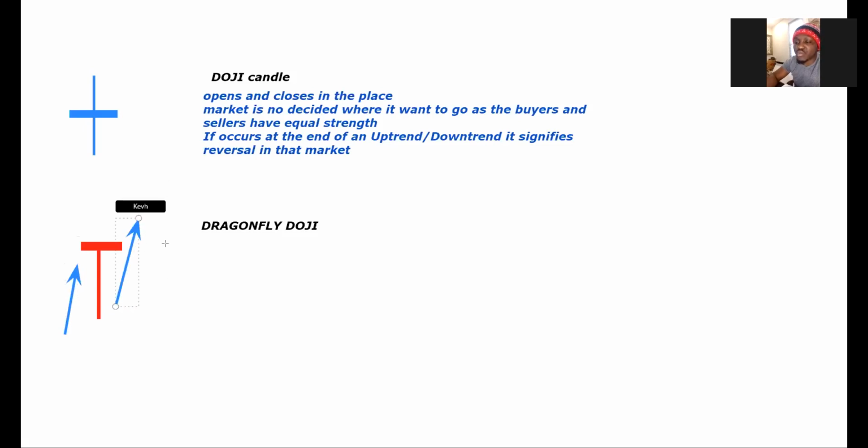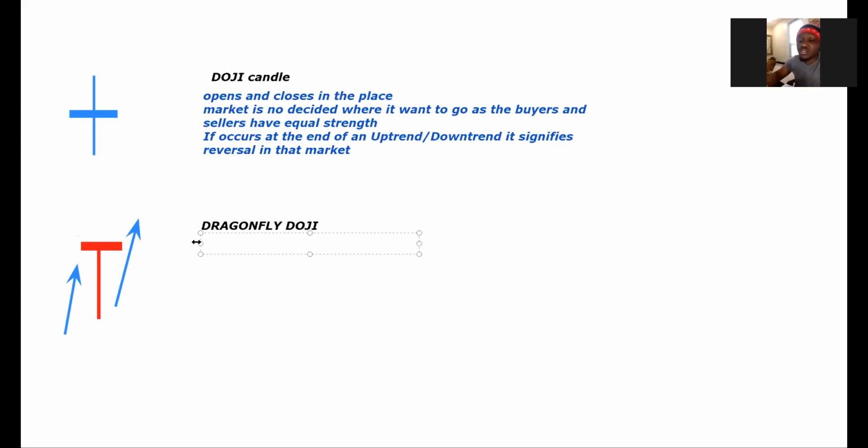This is the direction we want the market to go. So the buyers are in control of this market. This is a bullish candlestick.